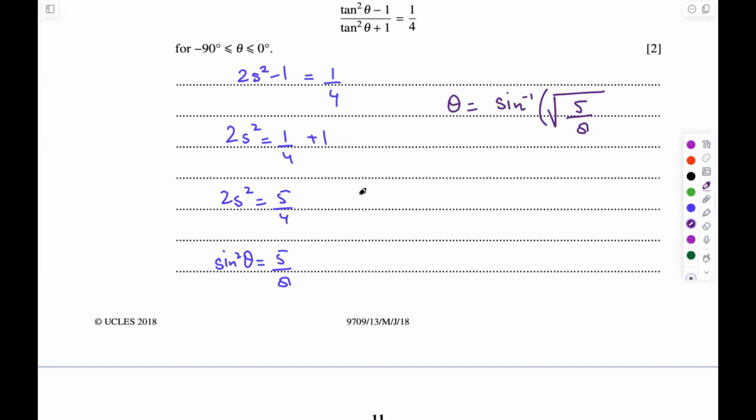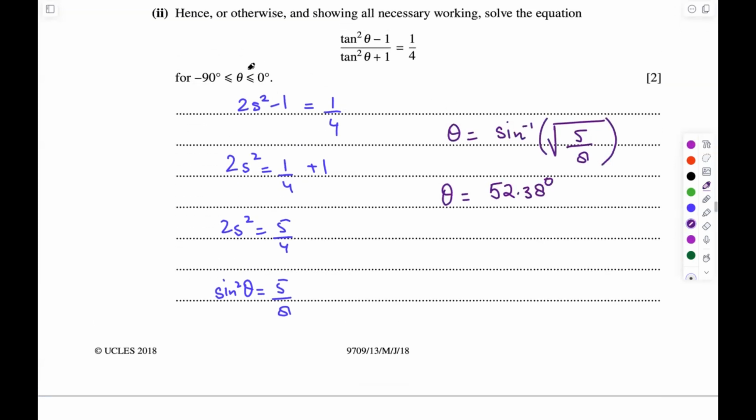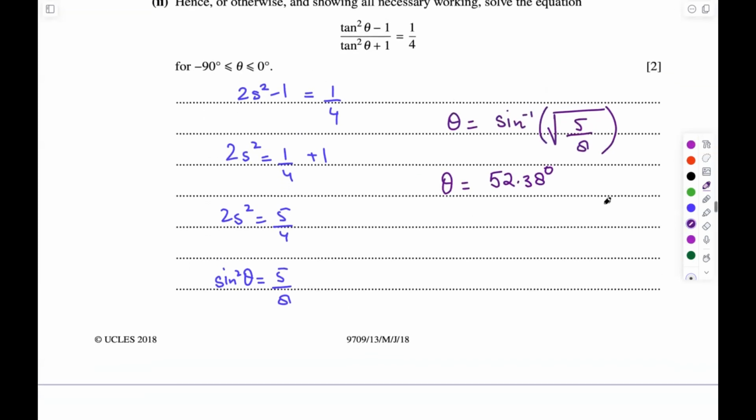So theta will be equals to 52.238 degrees. Now, as the domain of the theta values is from 0 to 90, if we make this in the quadrant, this is the first, second, third, and the fourth.